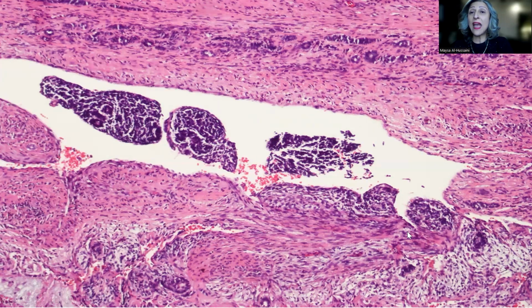This is important actually to note. However, it's also important to specifically look at the excision margin of the vein, and in this particular case, although there was evidence of venous invasion, the margin was completely negative.